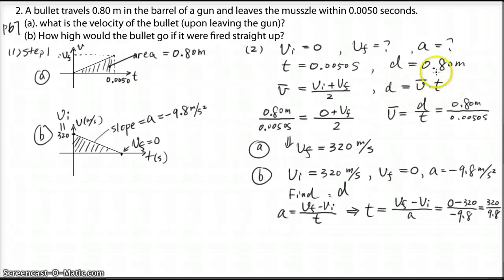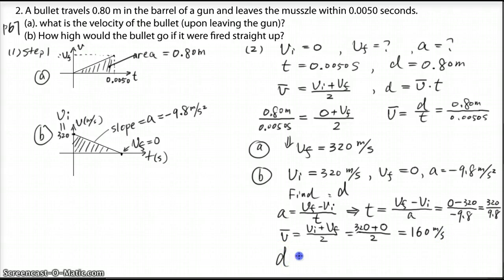So look at this formula. We need to find D. We already have the time T, and the average velocity you can also find using this formula. Average velocity equals V initial plus V final divided by 2, so 320 as the initial velocity plus 0 final velocity, divided by 2. We should get 160 meters per second.